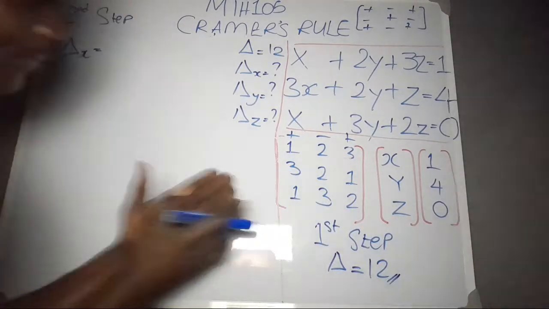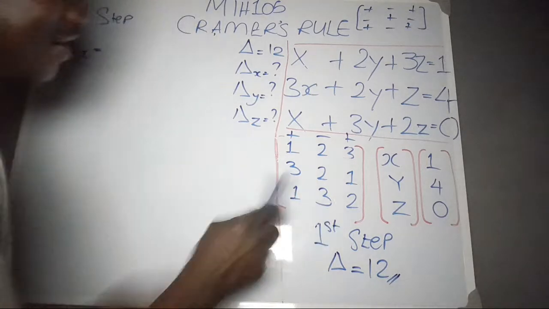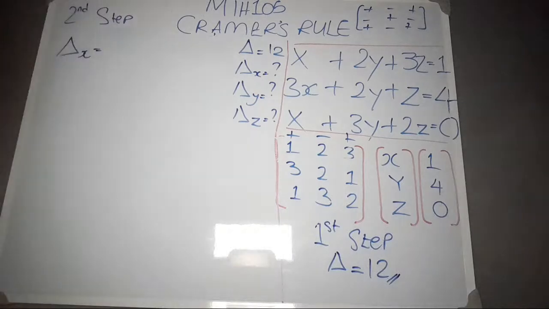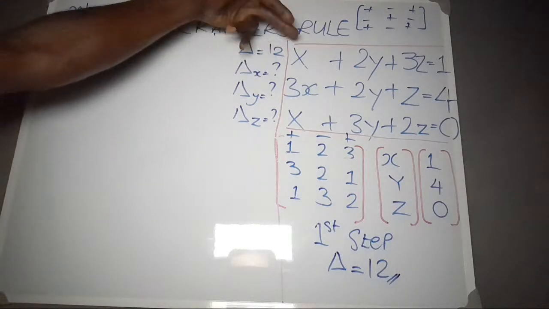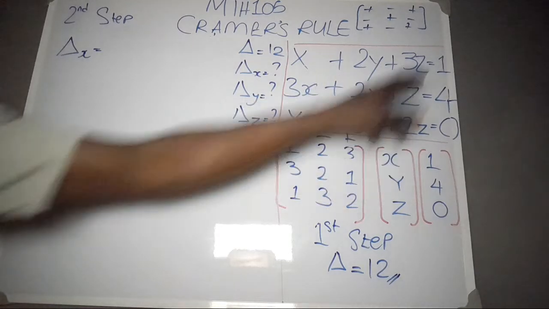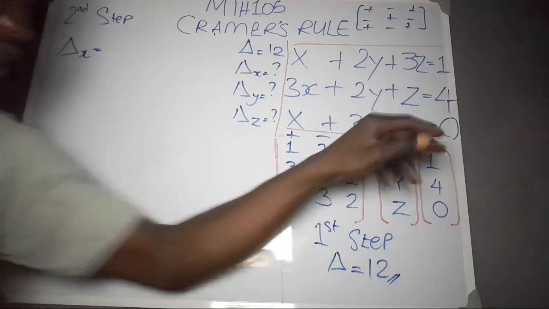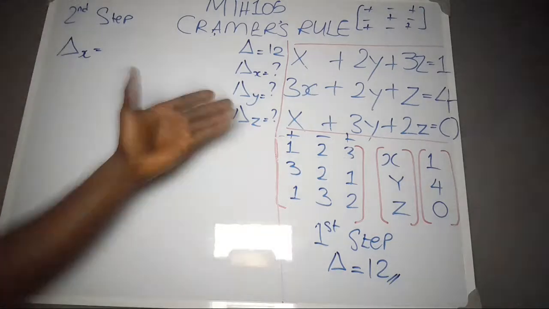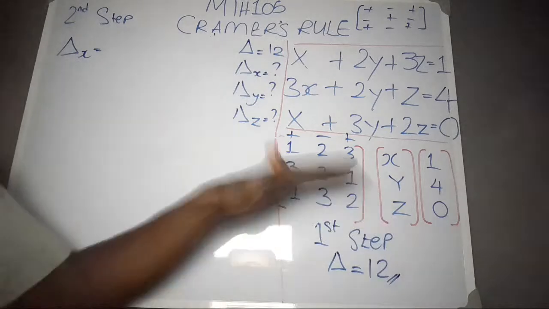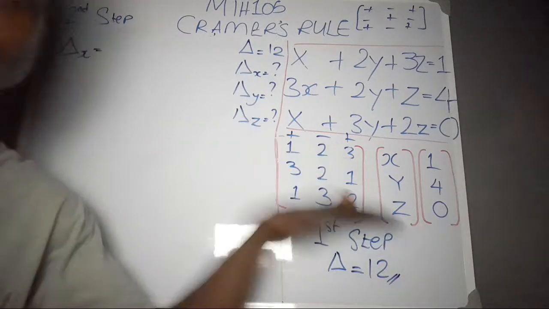If you have to substitute for x, then we take out this column and represent it with this. As you can see from the equation, this is x, x, x, y, y, y, z, z, z. The same thing we did when solving the first illustration, which is not as intense as this, is applicable in this case.